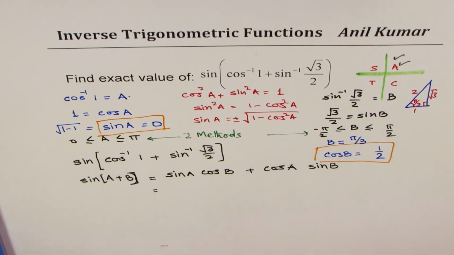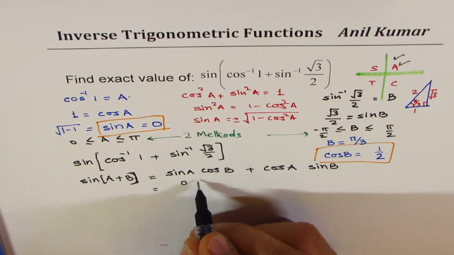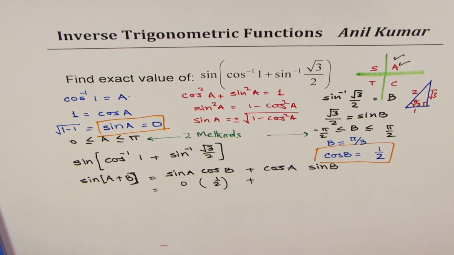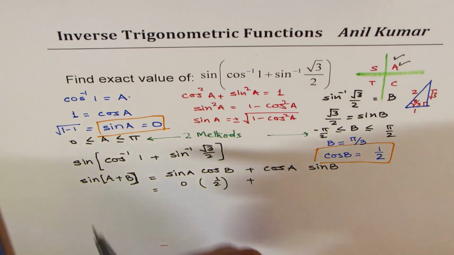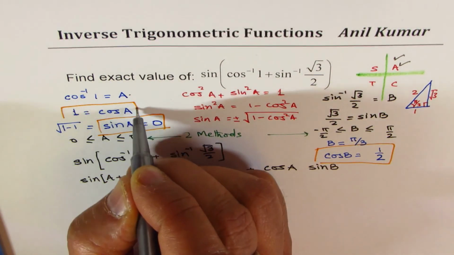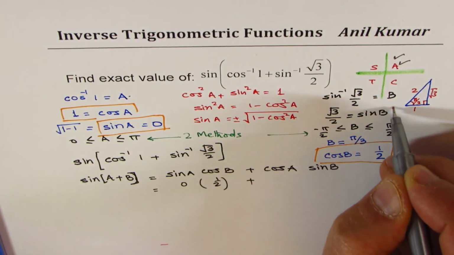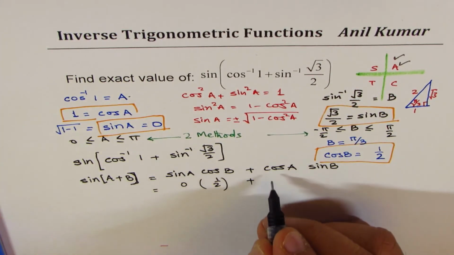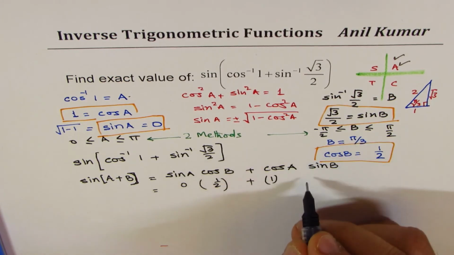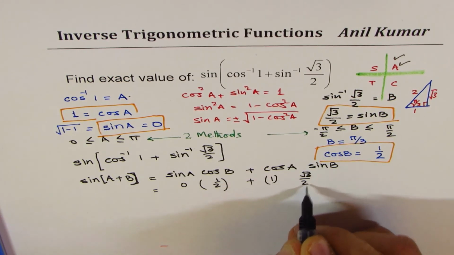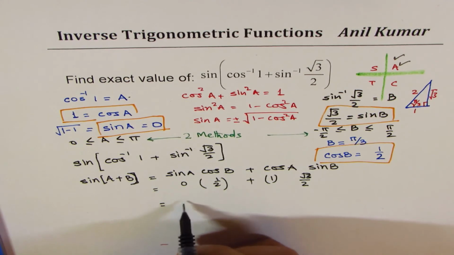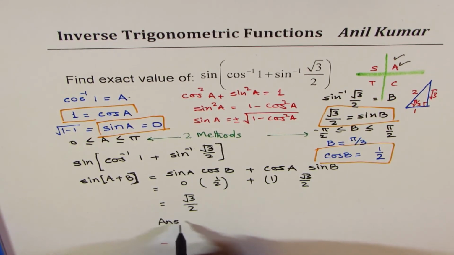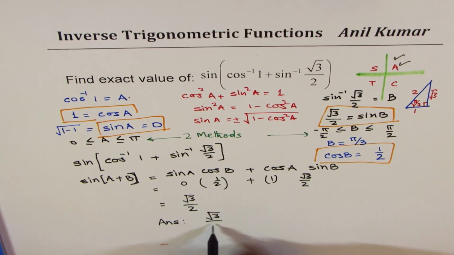So I'm substituting these: 0 times half plus cos A sin B, which is given to us, which is 1 times square root 3 over 2. Now the first term is 0, so we get the value as square root 3 over 2. So that is the answer. The answer is square root 3 over 2.